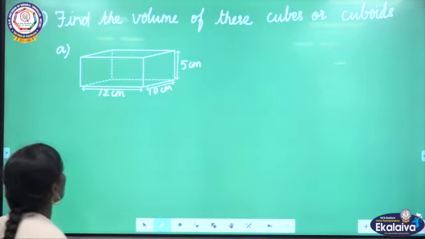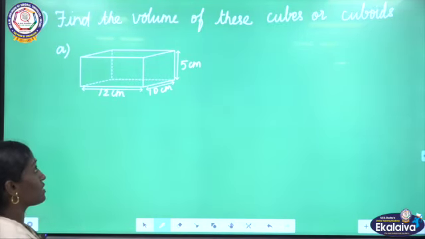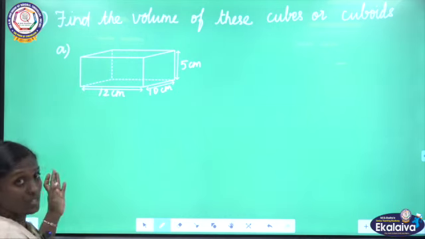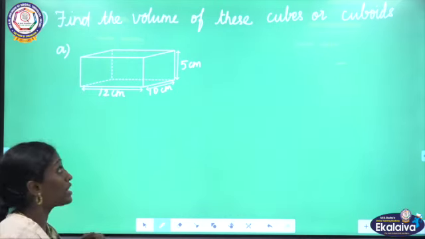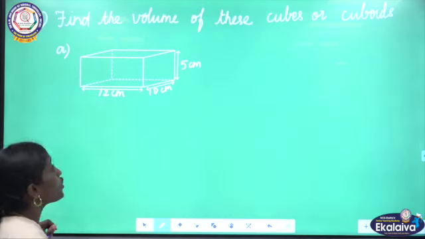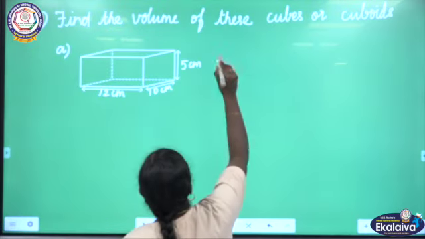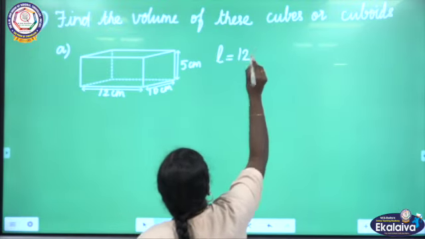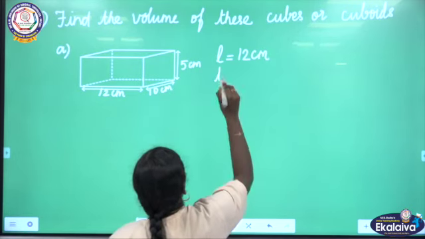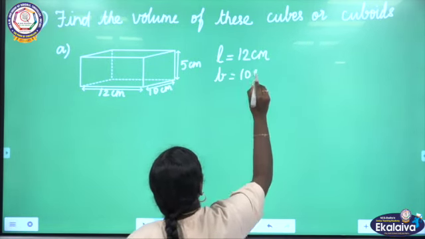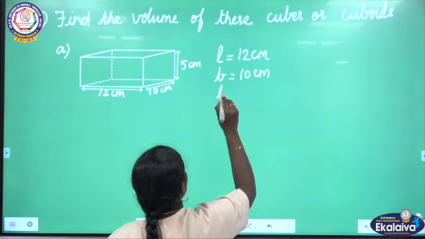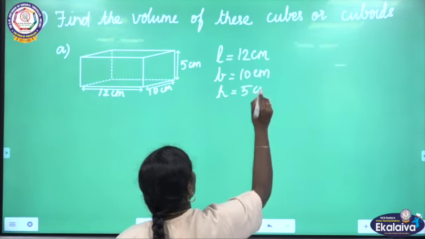Then the next one, here cuboid picture is given. For the given cuboid, we are going to find the volume. So this is the cuboid. Length is equal to 12 centimeter, breadth is equal to 10 centimeter and height is equal to 5 centimeter.